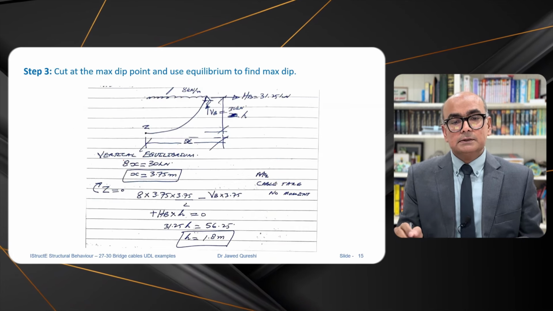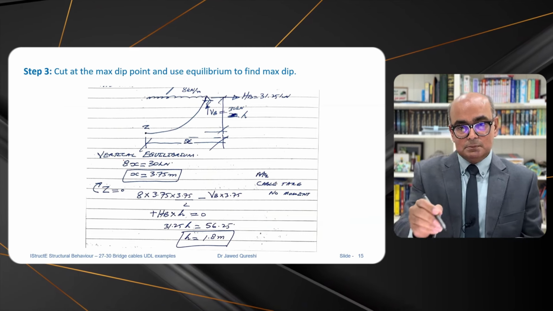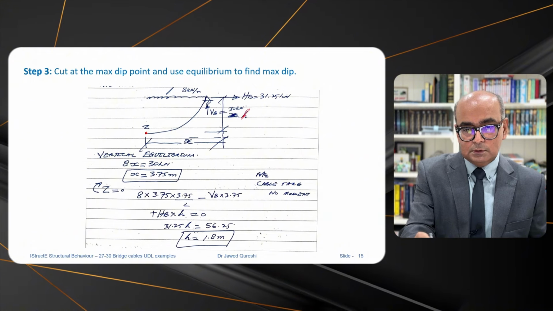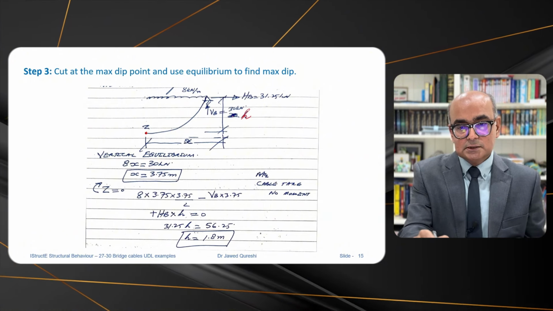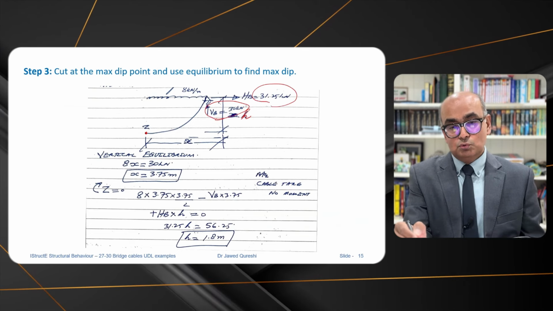Then finally we have to cut at the maximum point and use equilibrium equations to find the maximum dip. Now the maximum point was Z, and we call the maximum dip H. VB is 30, HA and HB are known to us as well.